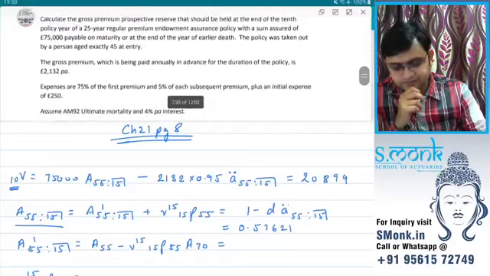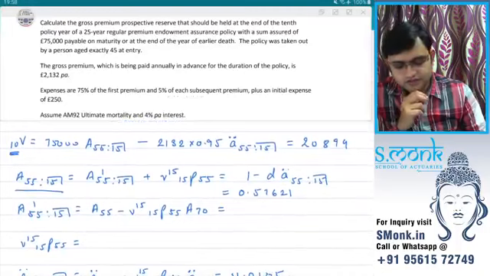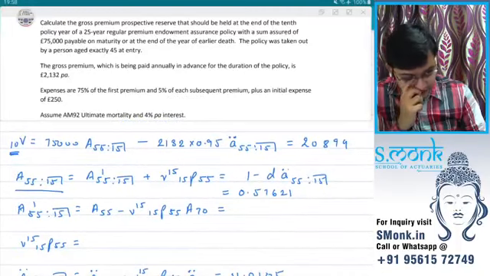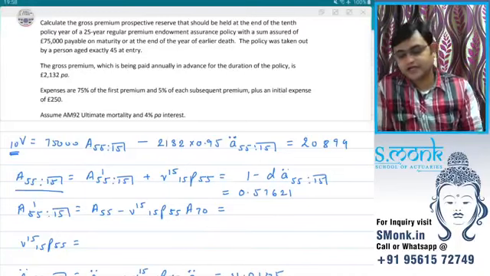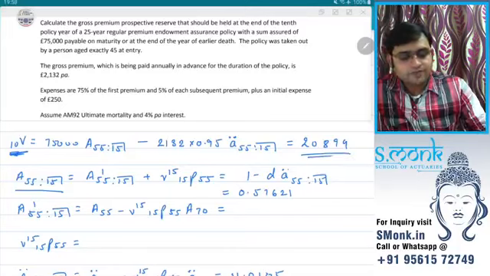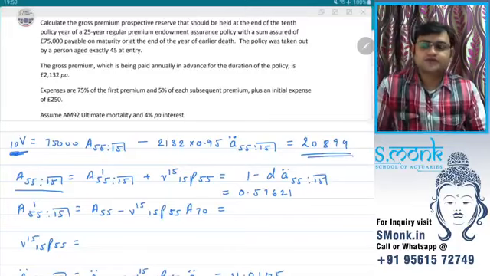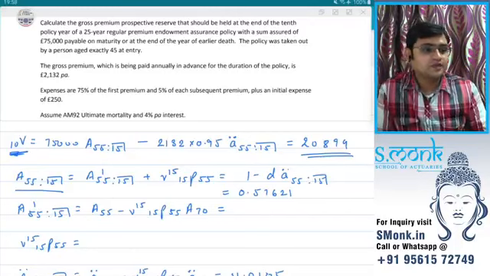So these are the future reserves. That means these are the prospective reserves. That means at time 10, this is the amount of money per policy we should keep aside, per policyholder that is active at that time.